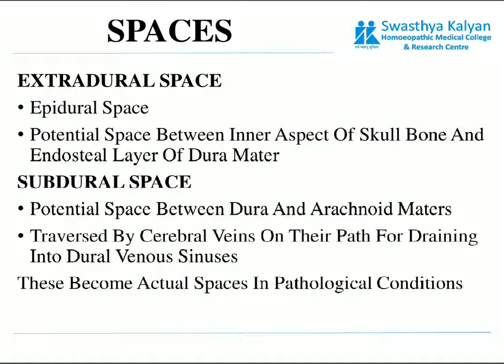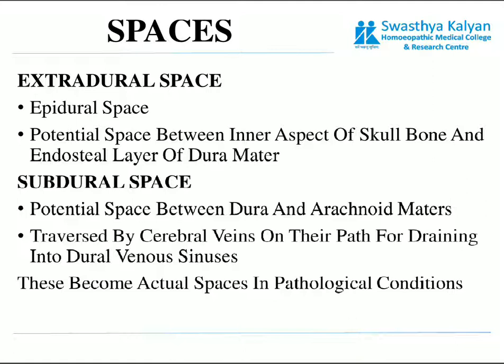So, potential space actually means that although there is not an actual space present, in case of any pathology, if there is a hemorrhage or any obstruction in the circulation of CSF, all this fluid can get collected in these spaces, and these spaces can turn into actual pathological spaces.